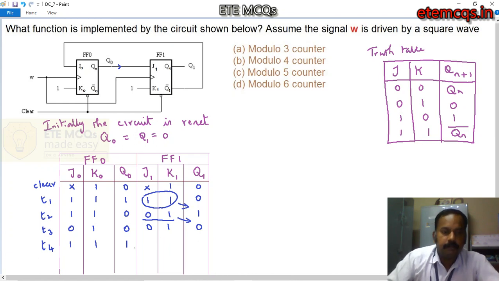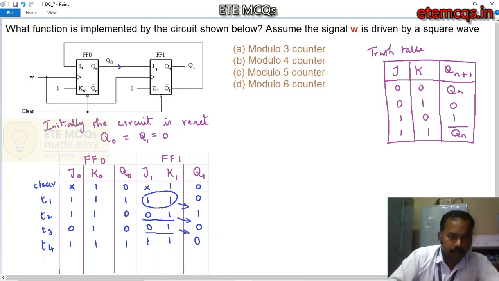Next, this 1 goes to J1, so you will have a 1 and 1. This comes here. But the output Q1 will be based on the previous input value, J1 and K1. So based on this, it is again 0. Now let us just stop with this.